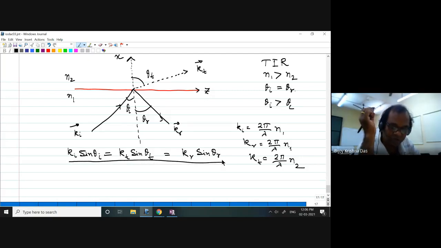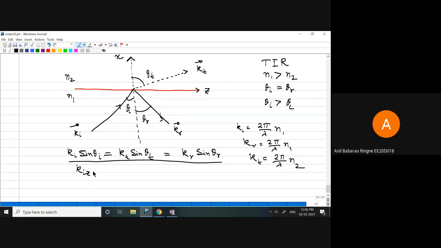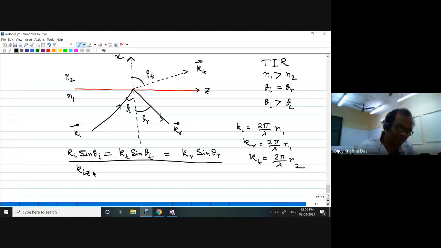What is it actually? Ki sin theta, if Ki is this vector, what does Ki sin theta mean? Basically that is nothing but Kiz. Is that correct? Are you okay with me, Anil? Yes, meaning the z component of Ki.